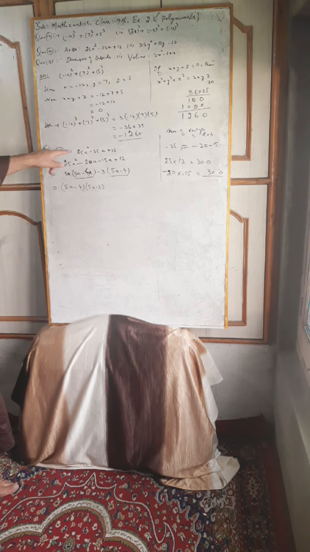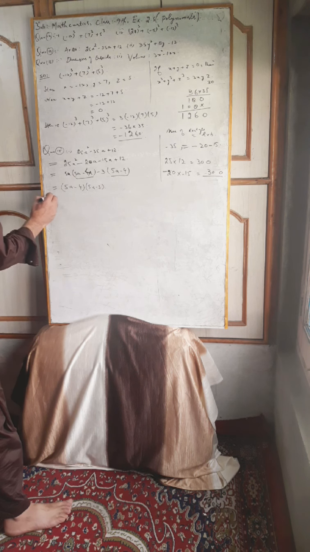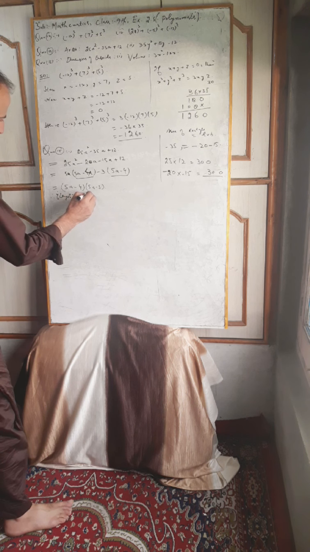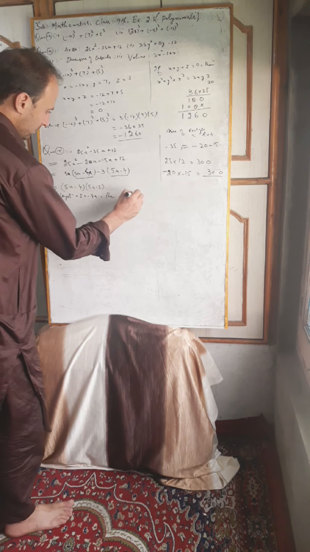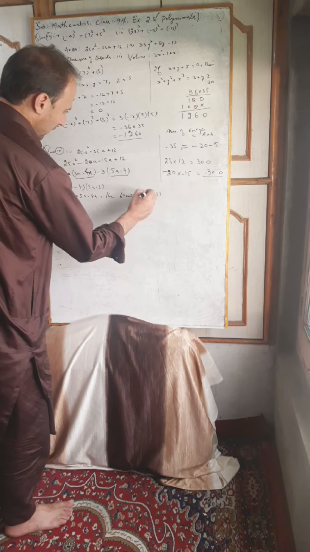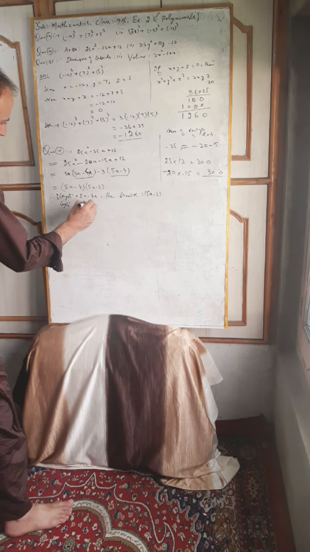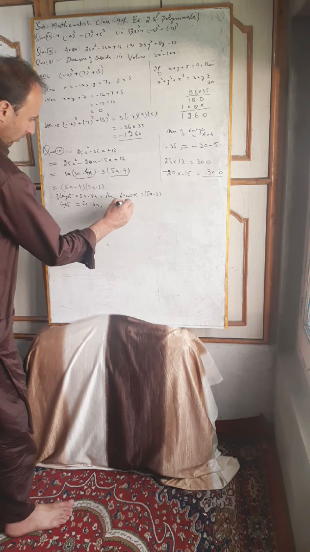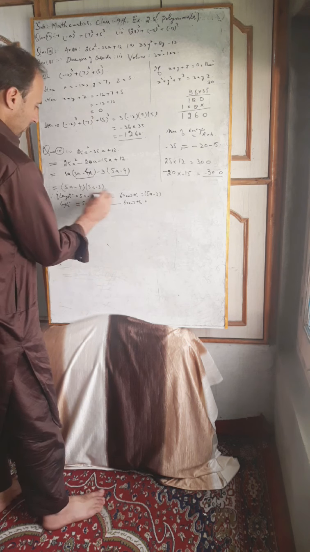Here we have factored this into two linear polynomials, so one of them will be the length. If length is 5a minus 4, then breadth is 5a minus 3, and if length is 5a minus 3, then breadth will be 5a minus 4.